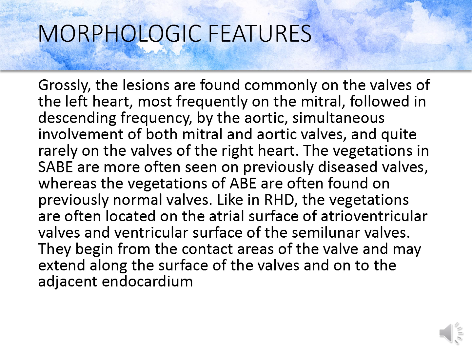Like in rheumatic heart disease, the vegetations are often located on the atrial surface of atrioventricular valves and the ventricular surface of the semilunar valves. They begin from the contact areas of the valve and may extend along the surface of the valve and onto the adjacent endocardium.